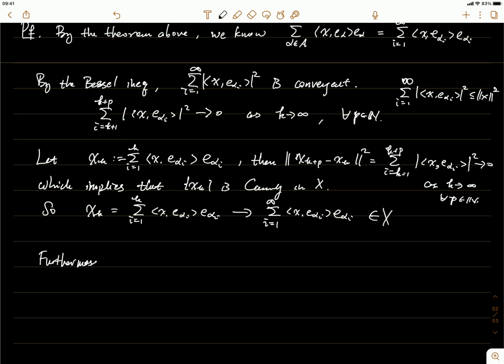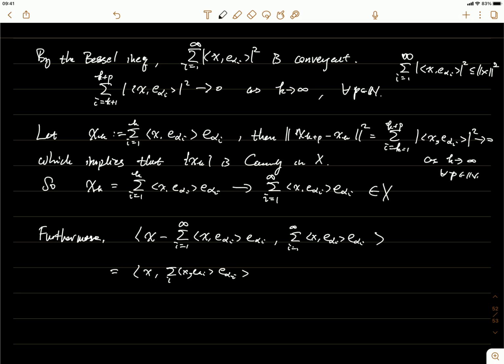Like I can show that this is just x. If I split the first term, this will be just a sum of x, e alpha i, e alpha i, and we also have the same of them.